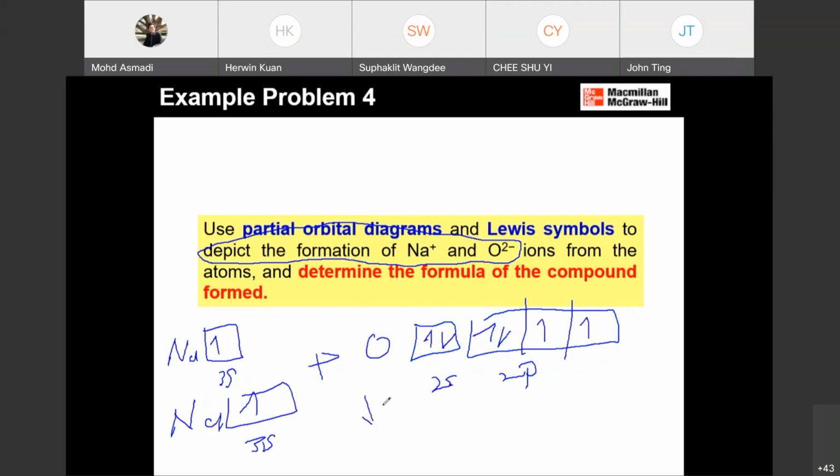Okay, and you can get this one 2Na and plus O minus.